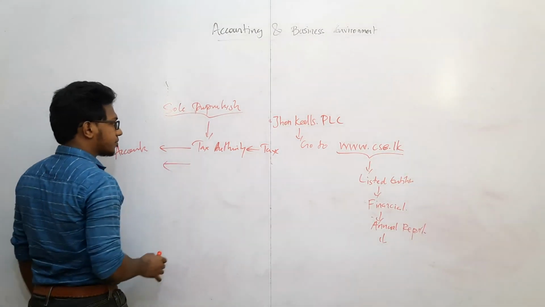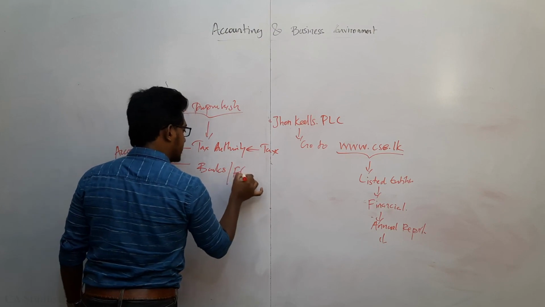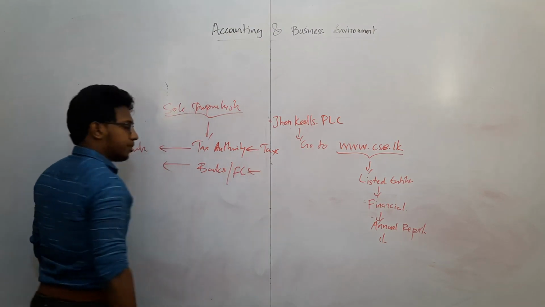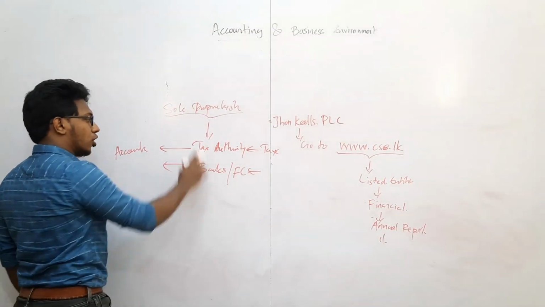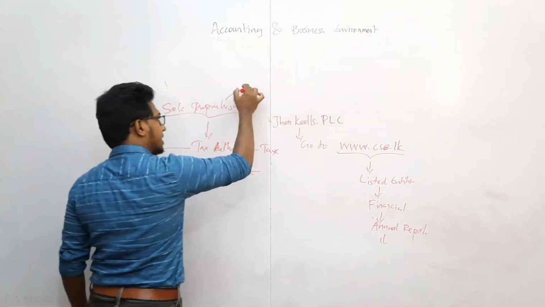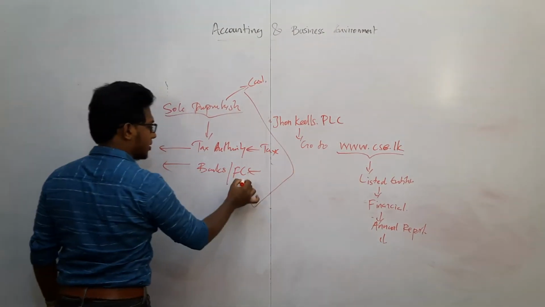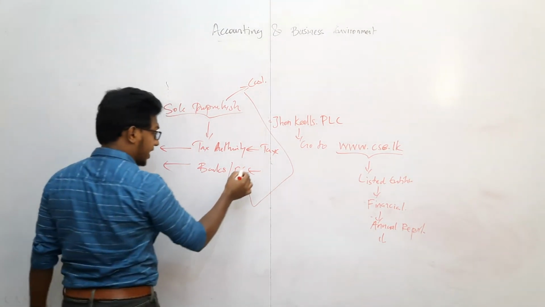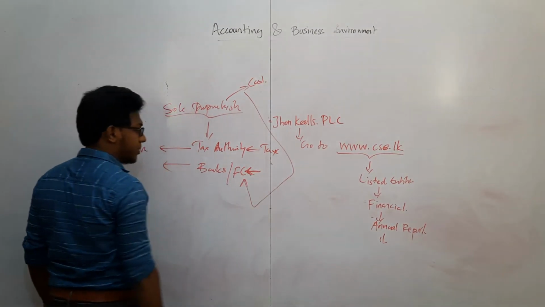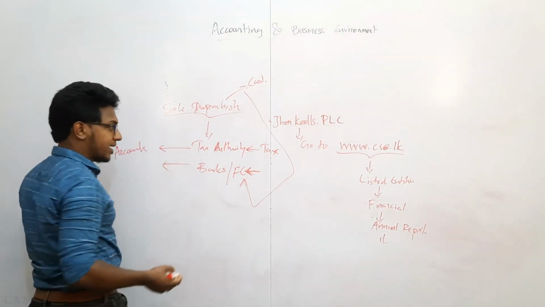Second one, banks and finance companies. Sometimes, if money is short, a sole proprietorship can take a loan from banks and finance companies. So finance companies and banks want to recover their interest portion and capital portion.